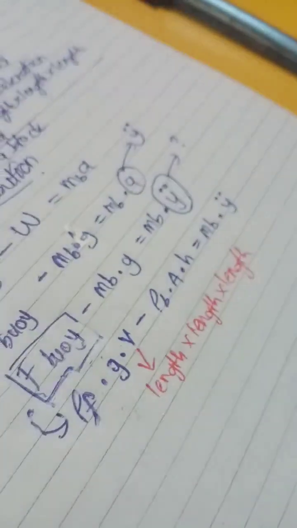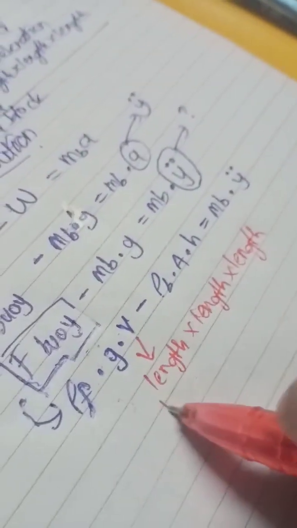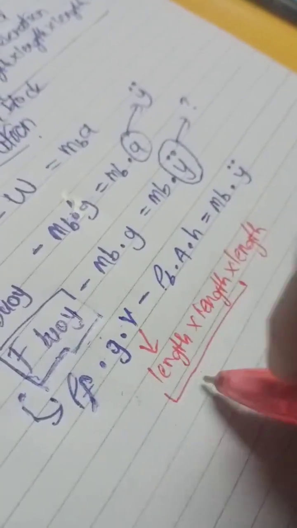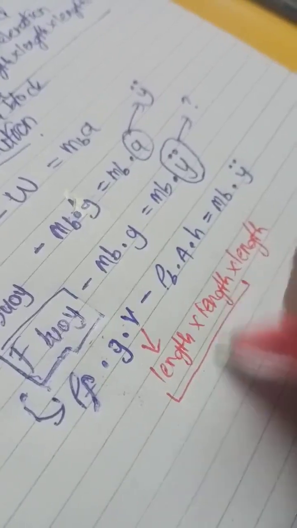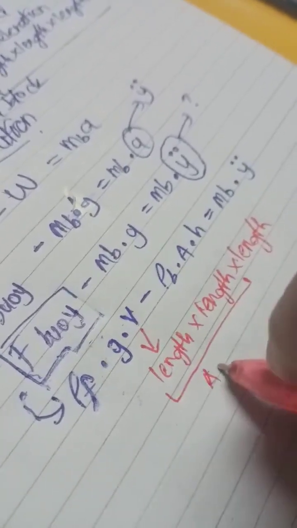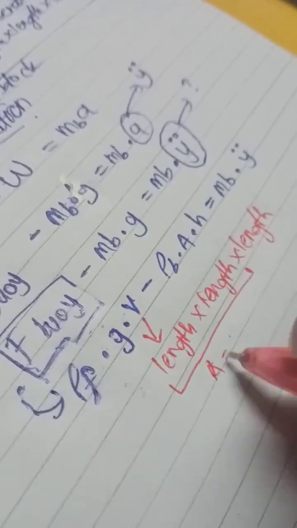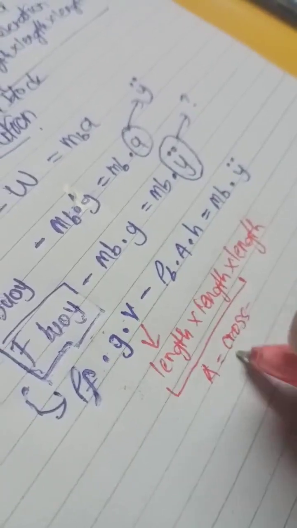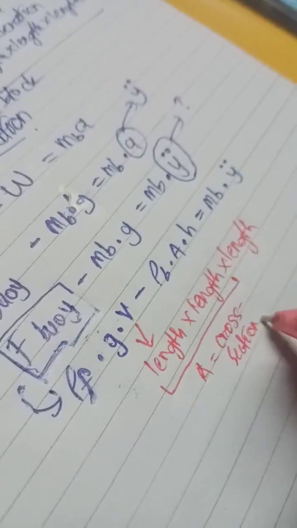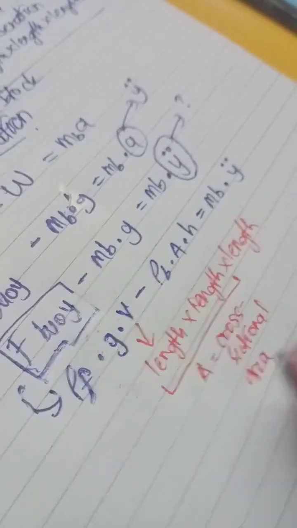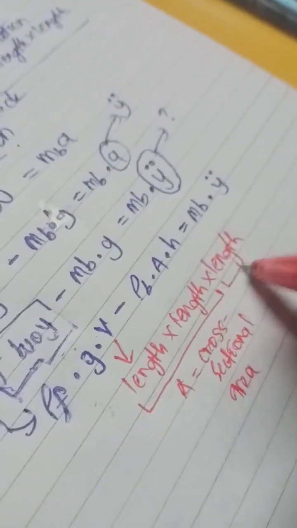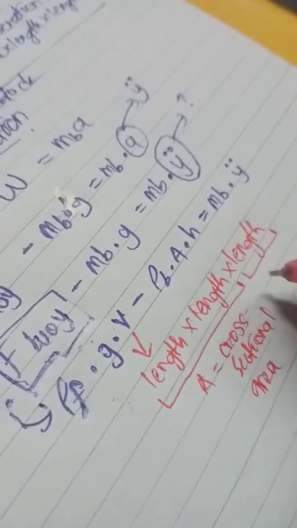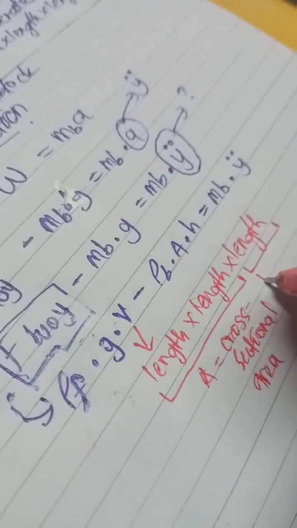Length times length is represented as A, which is the cross-sectional area. And another length is represented as the height.